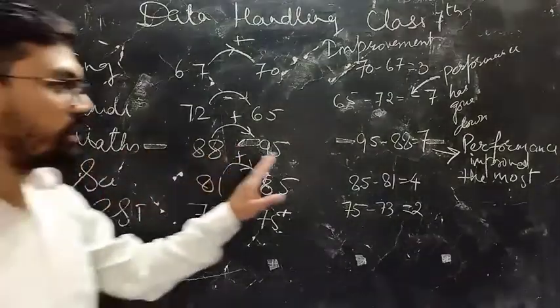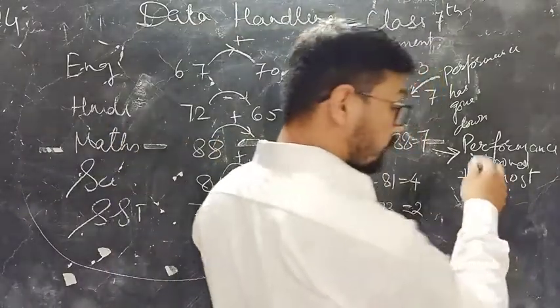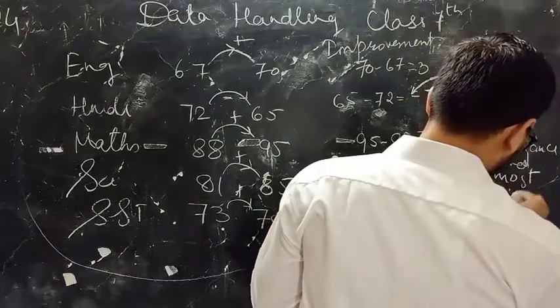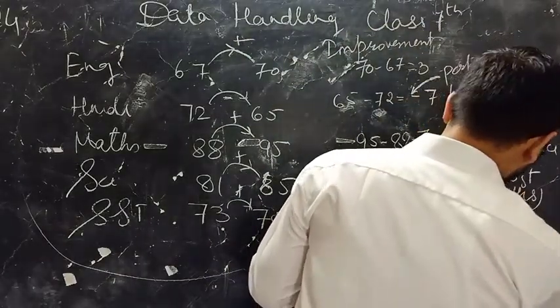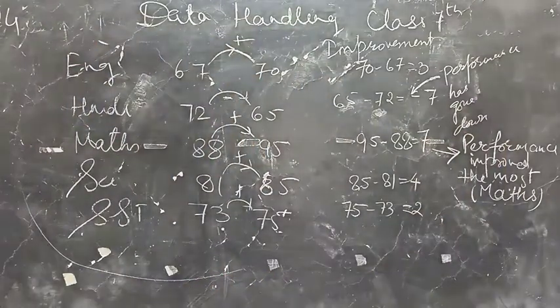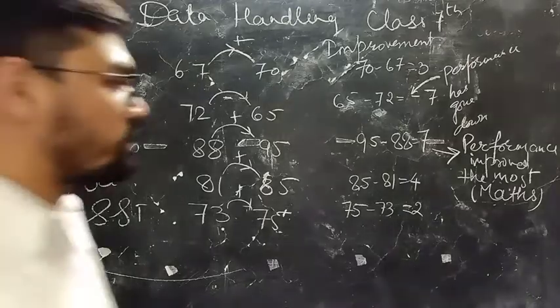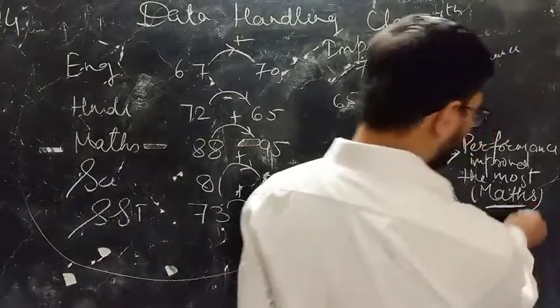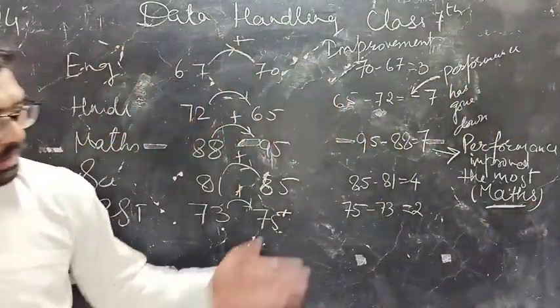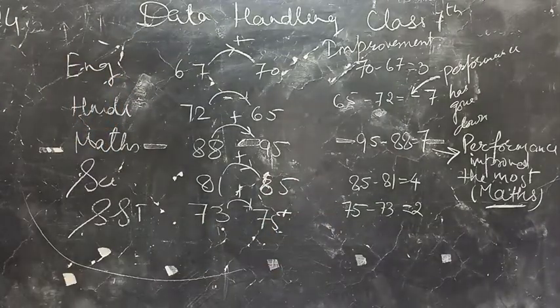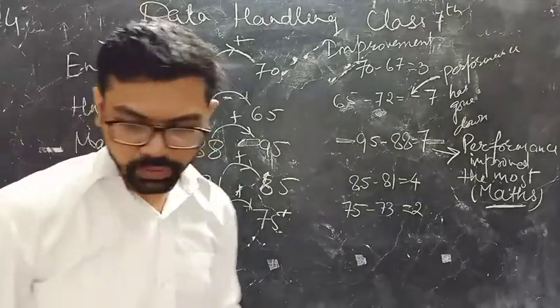By how many marks? By 7 marks. So this is the answer for the first part of question number 4. The answer is maths. Please note it down fast.